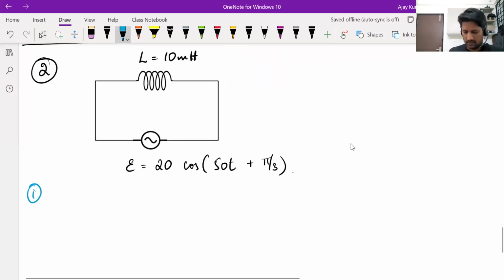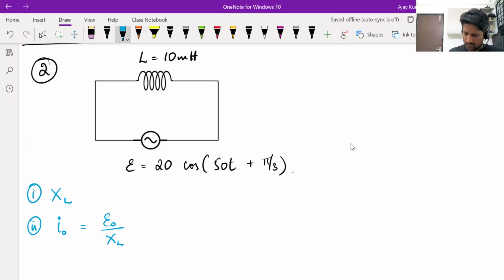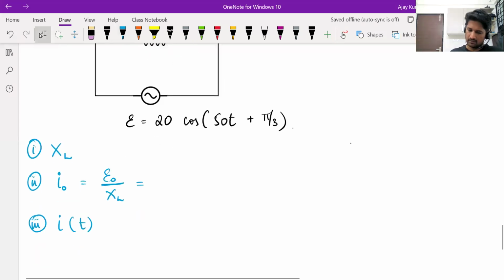First, calculate inductive reactance. Write the expression for peak current. Peak current will be peak EMF divided by XL. Okay, I'm giving you the formula also. Calculate peak current and then express current as a function of time.